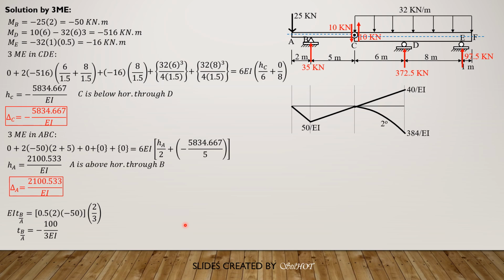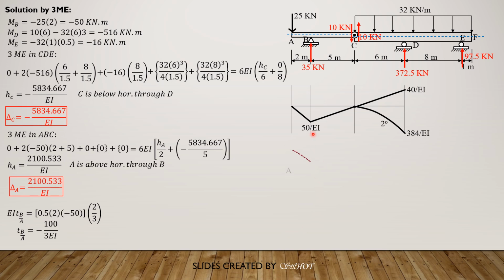So that means if we draw a tangent line, then because delta A is very high compared to the deviation of B relative to A, from the tangent at A it will be going down, slightly sloping downward. So the slope at A is expected to be negative.